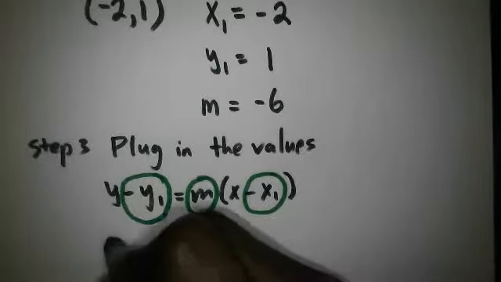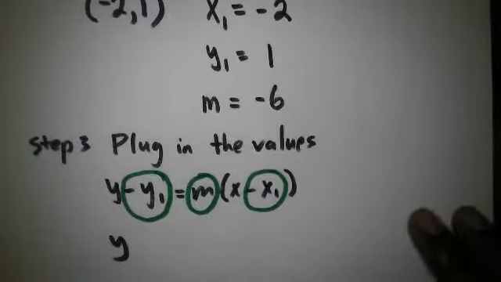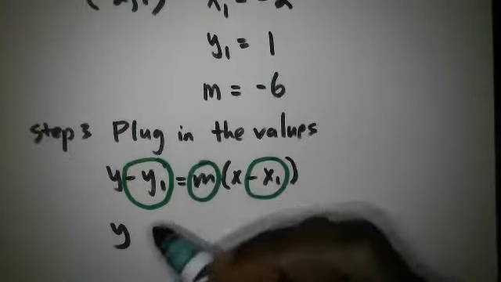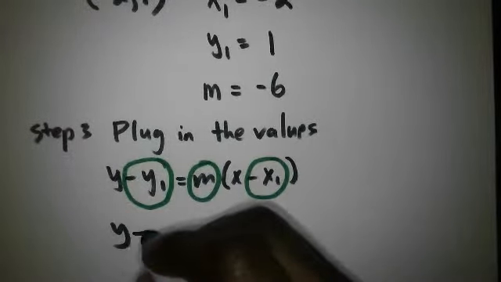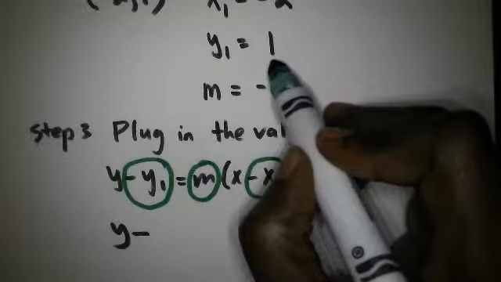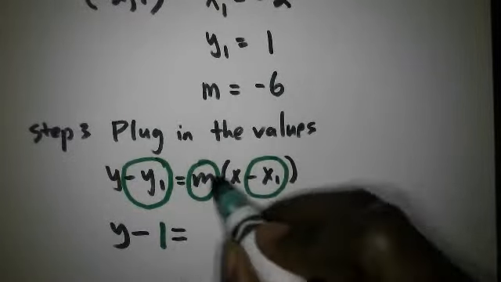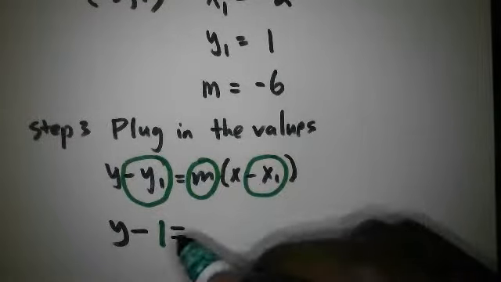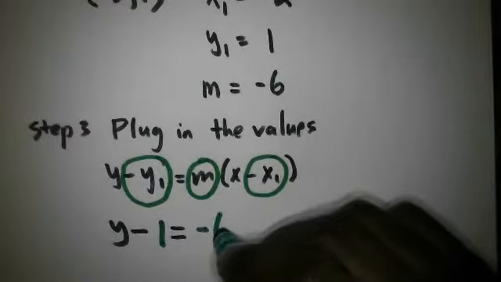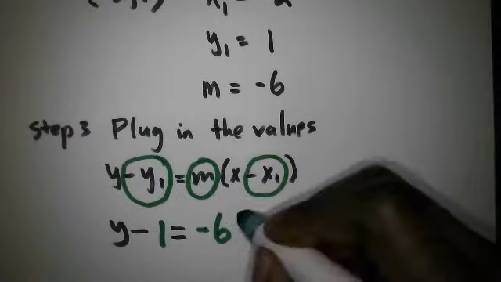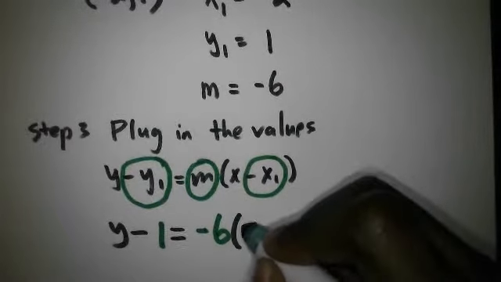So we have y minus y1, and y1 in this case is 1, equals m, in this case -6, times x.